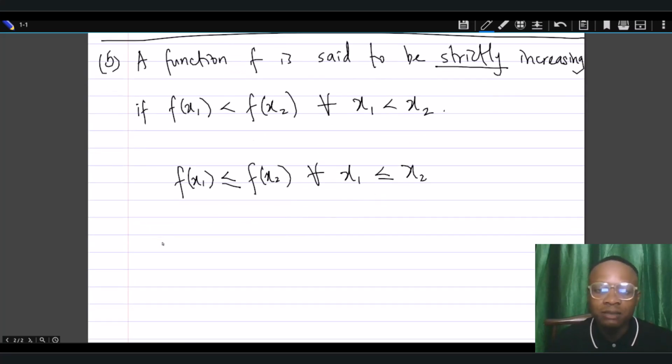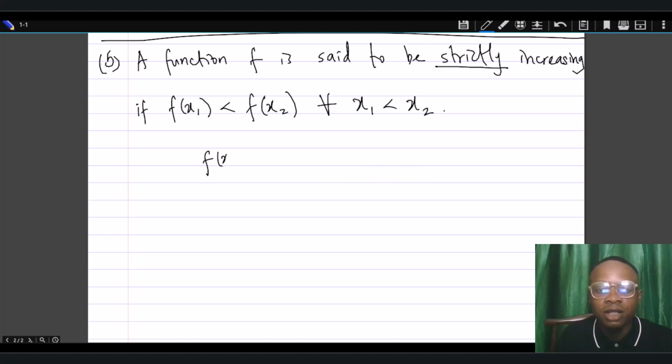So for instance, an example of a strictly increasing function. You can think of an example now. For instance, if we have a function f of x equal to x plus 2, this is a strictly increasing function.